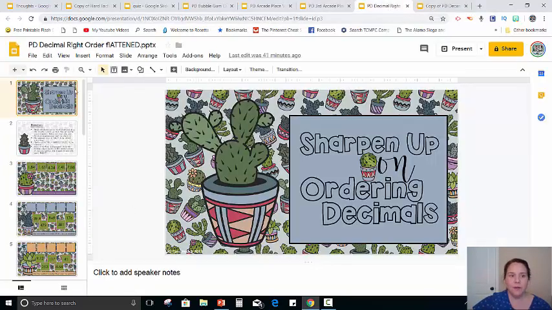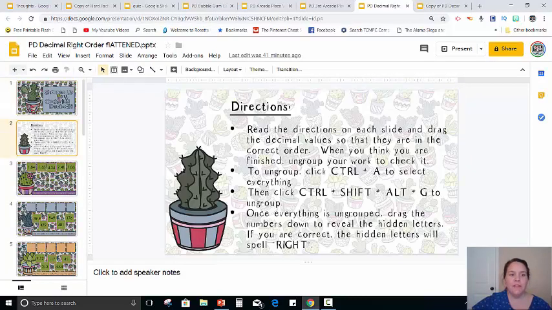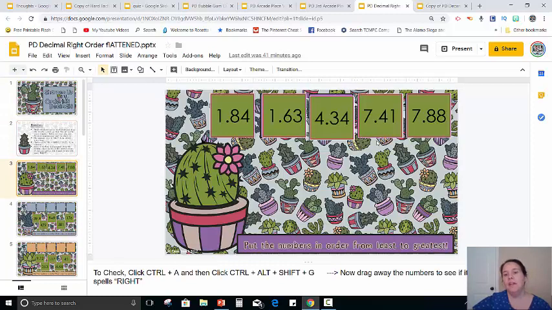Okay, so here we have one activity that's ordering decimals. So it does have instructions, and then here we have the activity. It's automatically more engaging because there is a design. In fact, when this activity was made, the cactus was becoming really popular, and so that's why the cactus became the background.